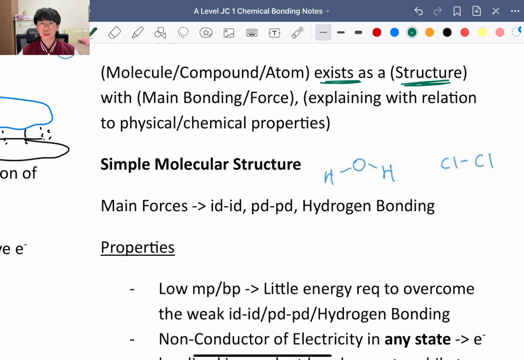So you have to find out the structure from the molecule, and it has this main bonding or force, the predominant bonding or force. And because of that, you explain with relation to the context, which is usually you would need to demonstrate why it has certain physical or even chemical properties.